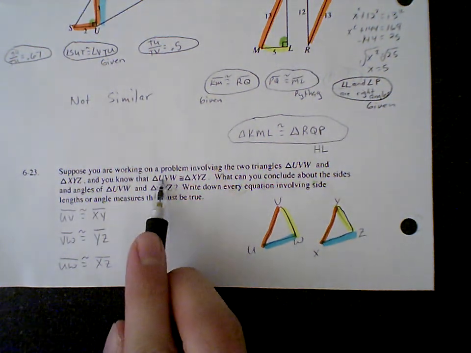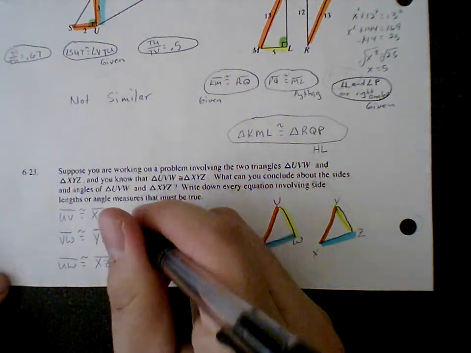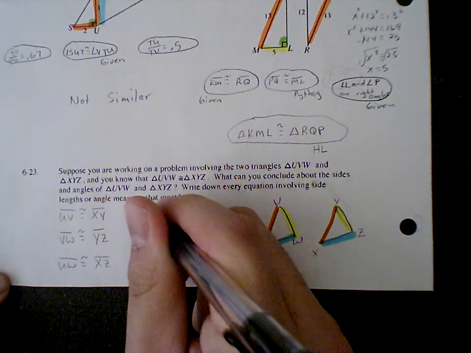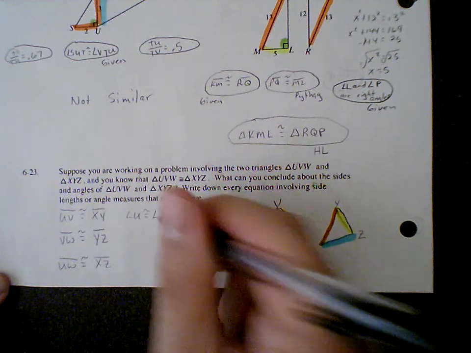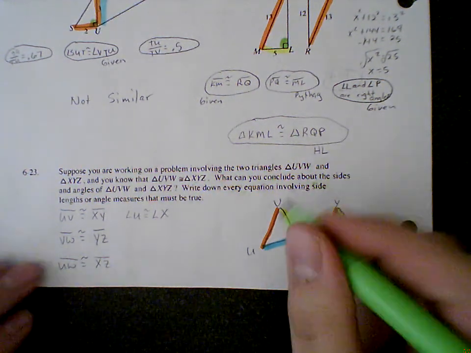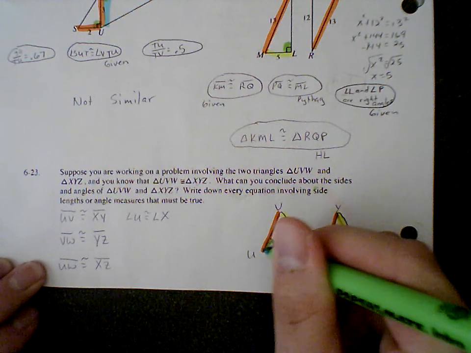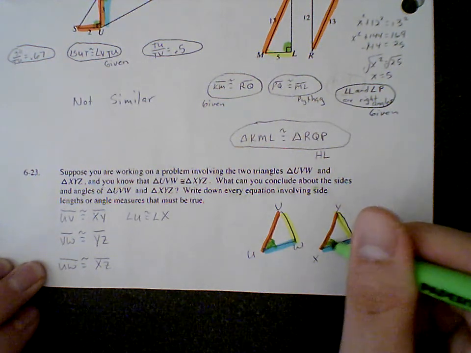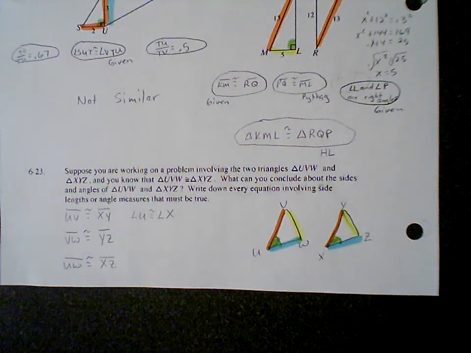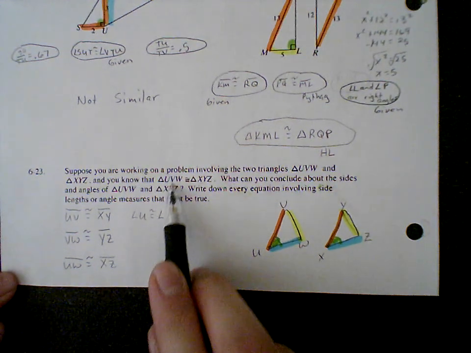Okay. And we also know that angles are congruent. So let's start with the first listed angle here. Angle U is congruent to angle X. Start with the second one.